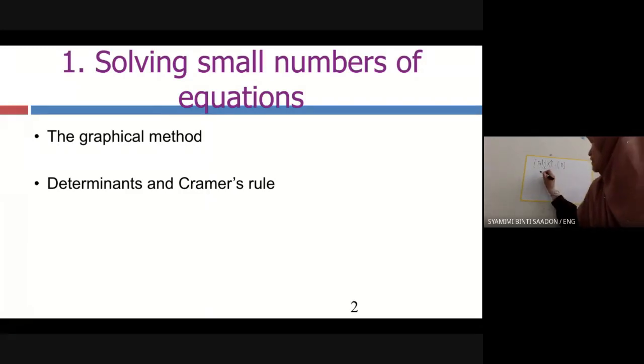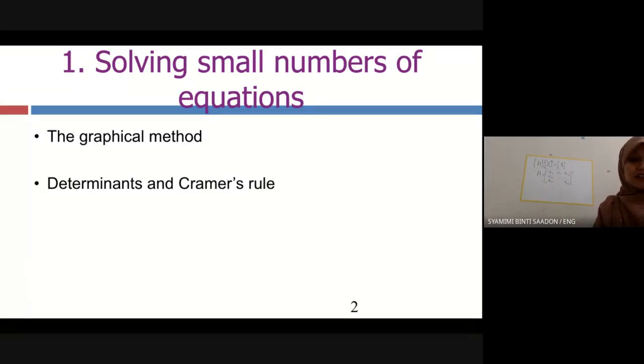So normally we will write A equals A11, A12, A13, A21, A31, and until A33, a 3 times 3 matrix, 3 columns, 3 rows.